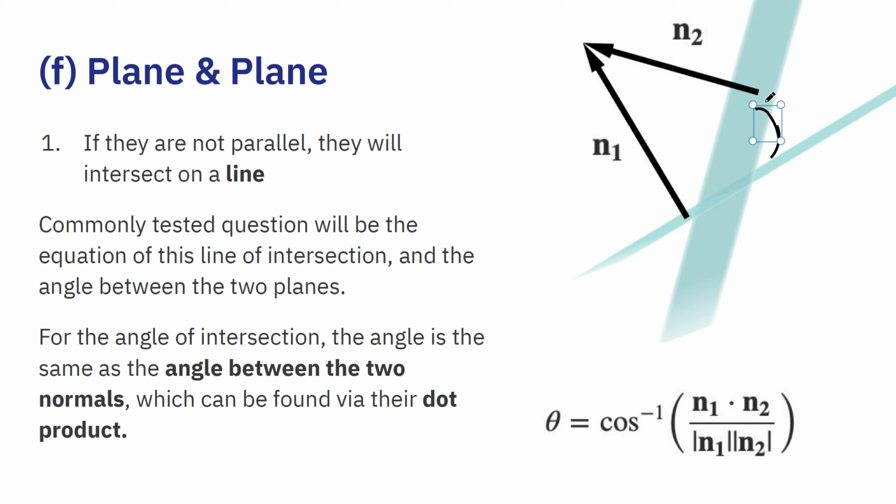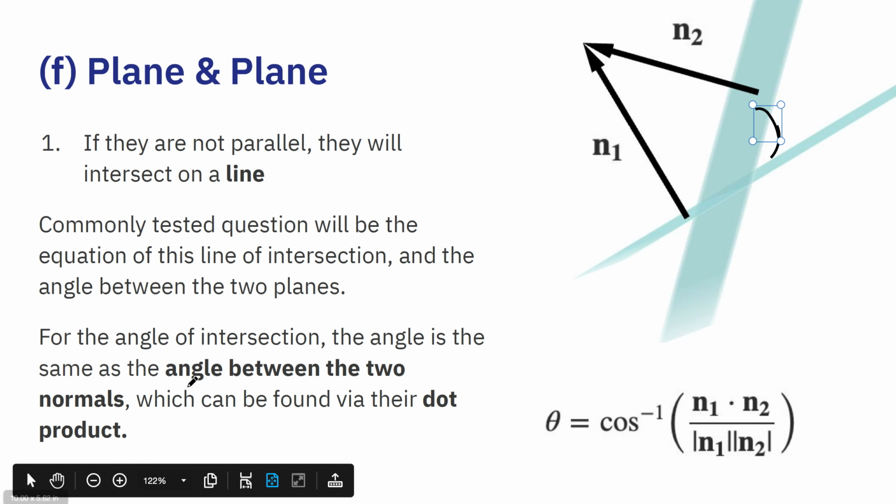To find the angle of intersection between the two planes, we cannot just take the two planes directly and do some operation on it. It doesn't work. So what we have to do is work with their normals, because the angle between the two normals is the same as the angle between the two planes. If you think about it like this, say our two planes are like this, and we want to find this angle.